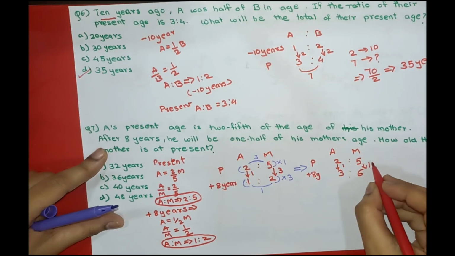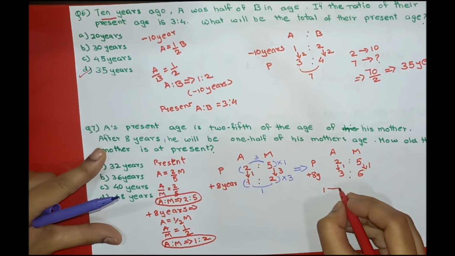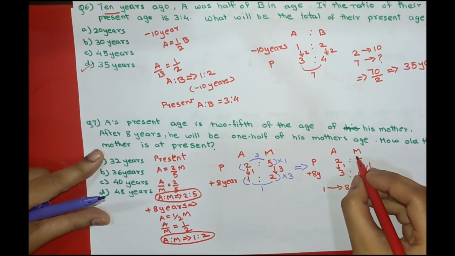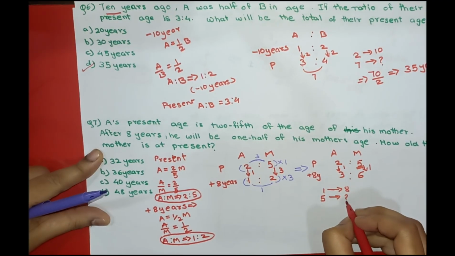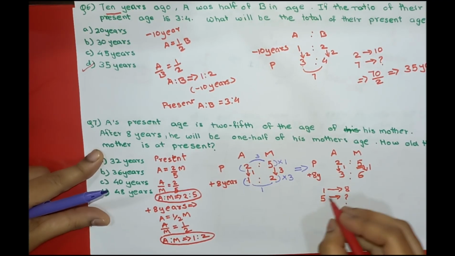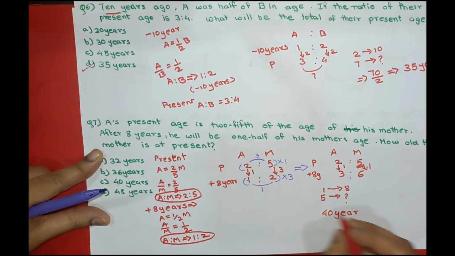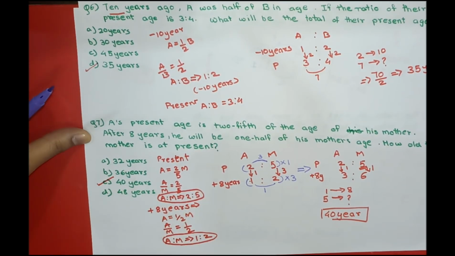When the difference in the ratio is 1, the actual difference is 8 years. So if the ratio value of mother's present age is 5, what is her actual age? You can find it by cross multiplying. 5 8s are 40 years. So the correct option is option C.